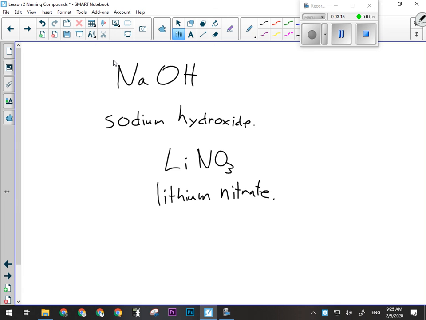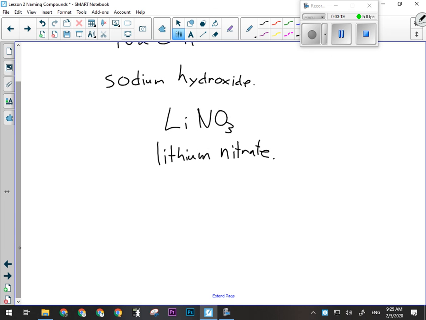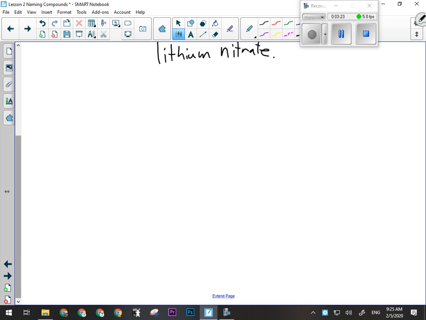All the other rules that apply to ionic compounds apply to these, including if you had to use Roman numerals. So, for example, if I had this stuff, this stuff is going to be copper.